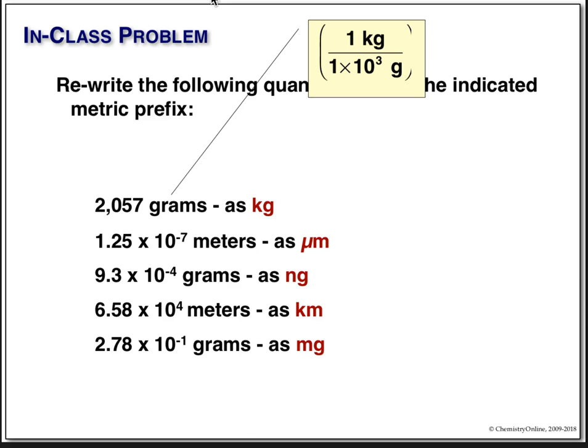This is our given in grams, and grams is in the denominator. So how do you solve the problem? You solve it simply by taking the given, multiply the ratio, and we get 2.057 kilograms. Any questions?